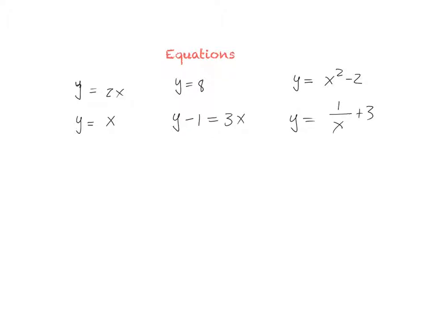The only time you're going to be dealing with things that are not a function, and I want to draw a line right here so you know that these are not a function, is anytime you have x equal any number.